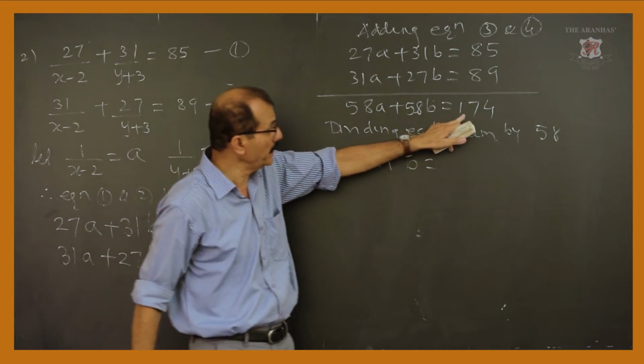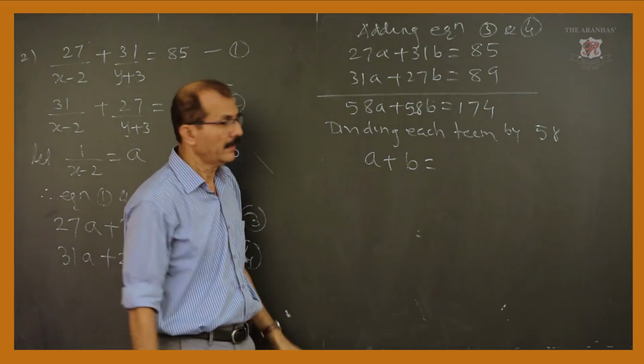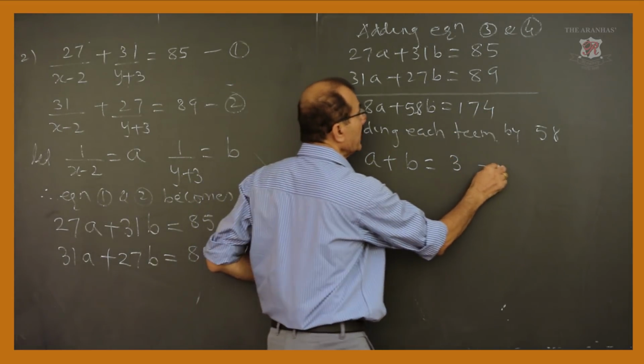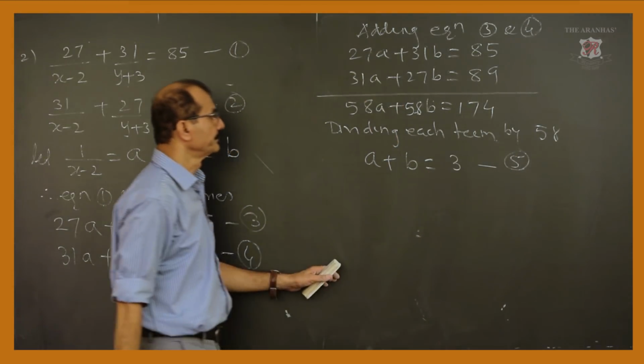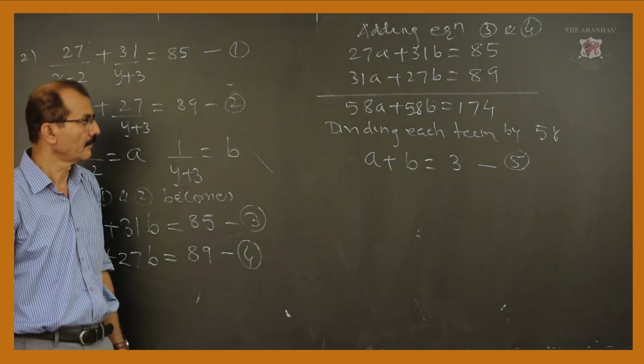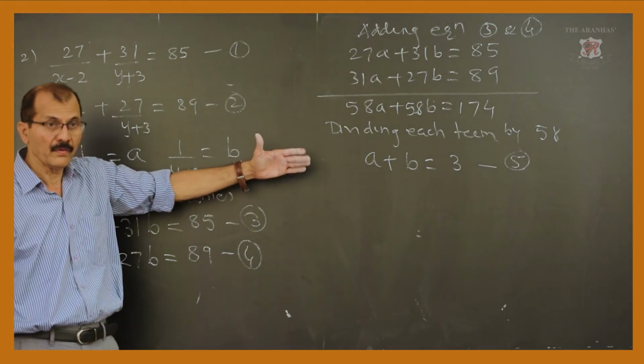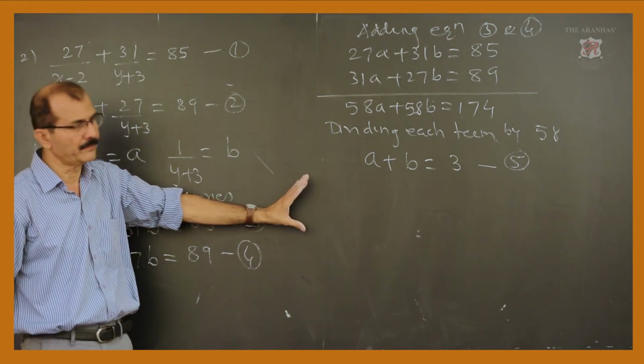Now, 174 upon 58 is 3. So, this is my equation number 5. This is how I get a simple equation.